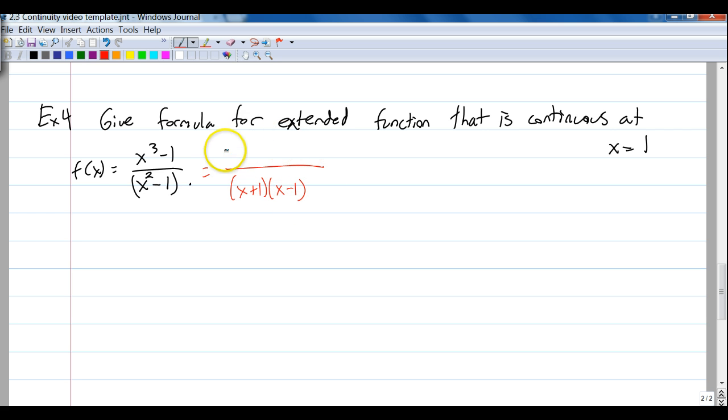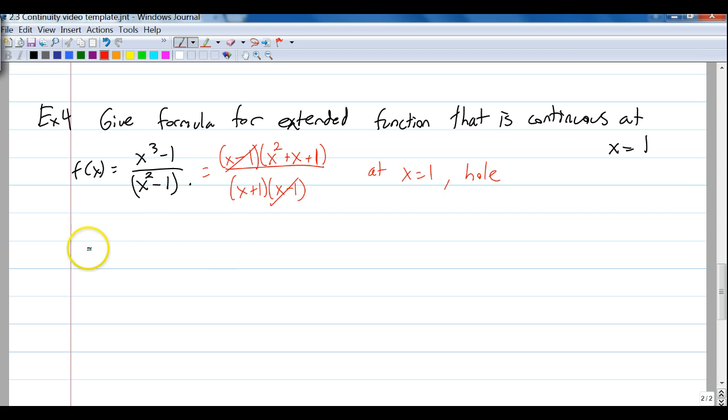By factoring the bottom, you see that there are 2 points of discontinuity, and then we have to use our difference of cubes up here to factor that. So what happens is we have a hole here. So at x equals 1 there was the hole, and the function that will continue it is what's left over.